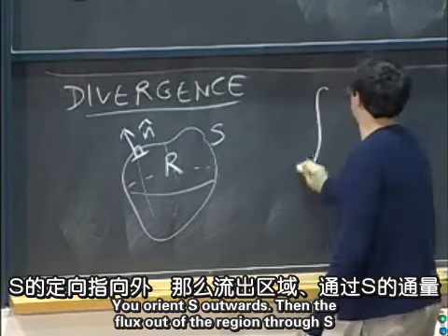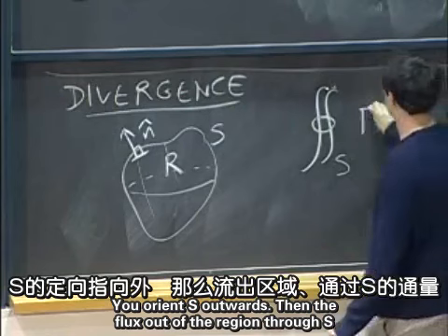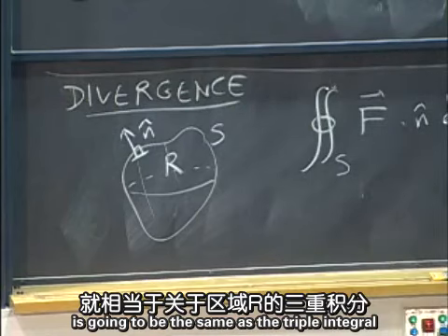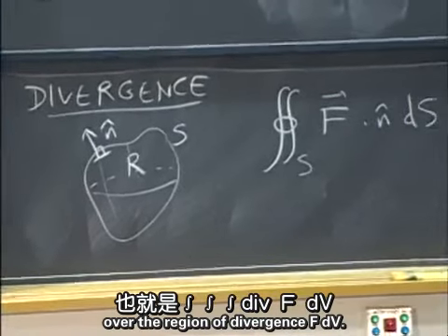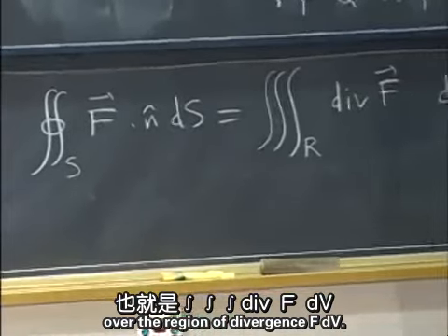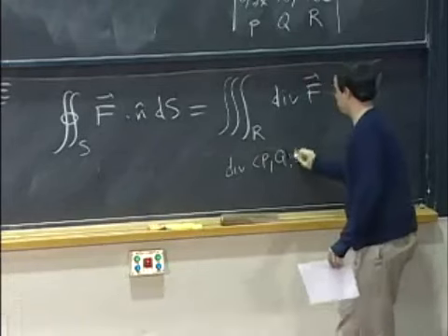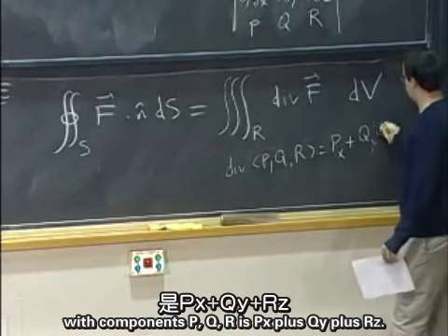Then the flux out of the region through S is going to be the same as the triple integral over the region of div F dV. And remember, the divergence of a vector field with components P, Q, R is P_x plus Q_y plus R_z.